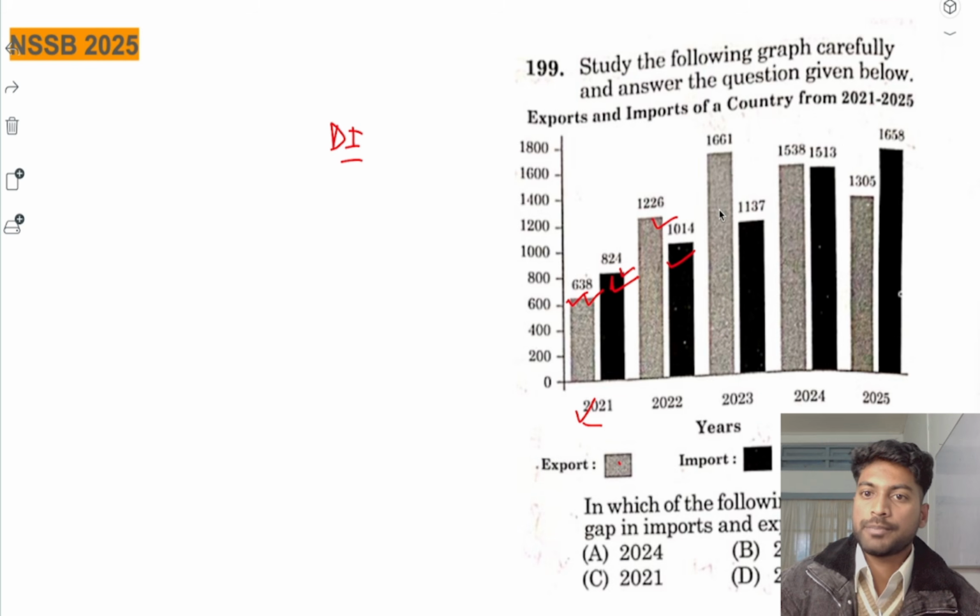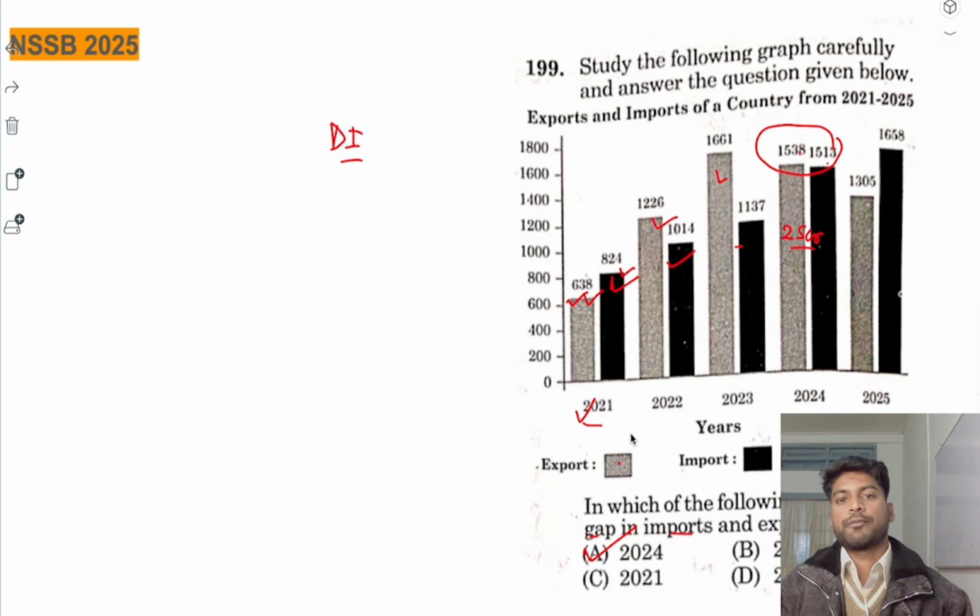The question is, in which of the following years was the gap of the export and import least? देखो, 38 and 13, that is only 25 crores. So it will be 2024. ठीक है ना, least gap.